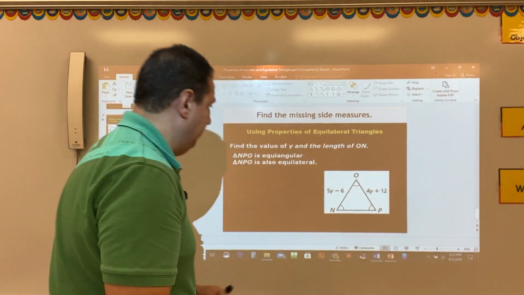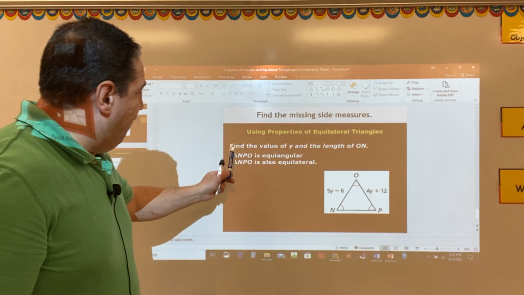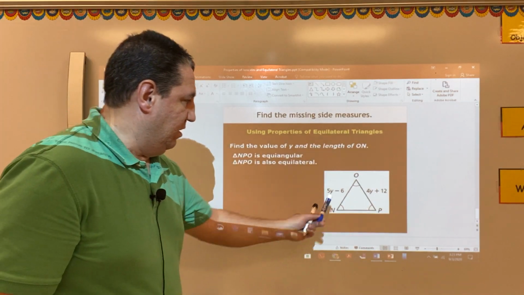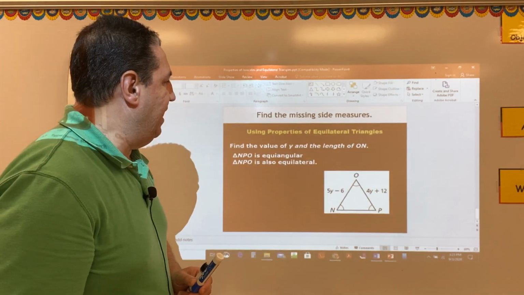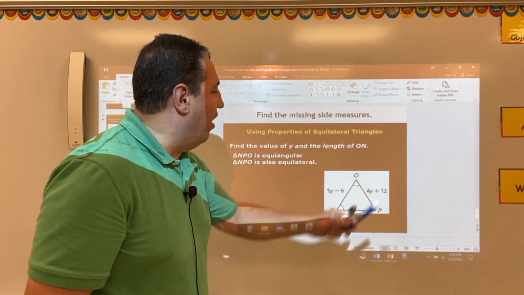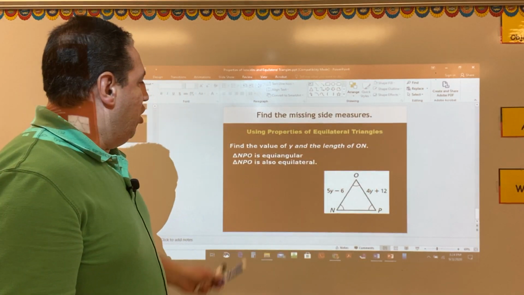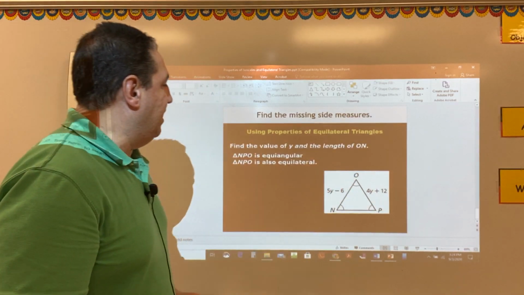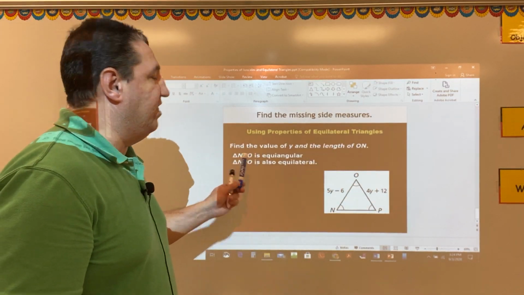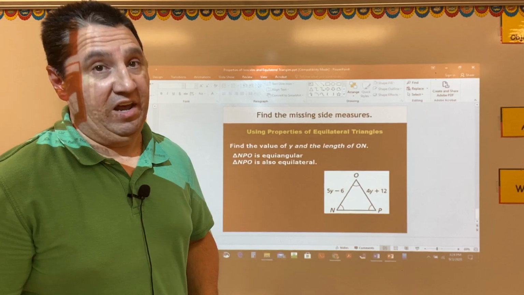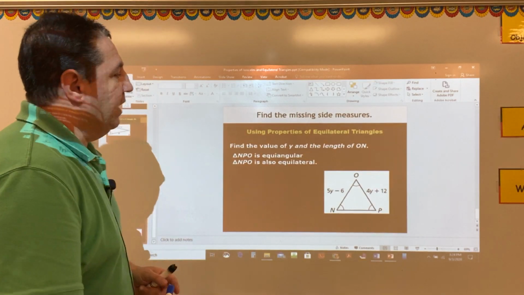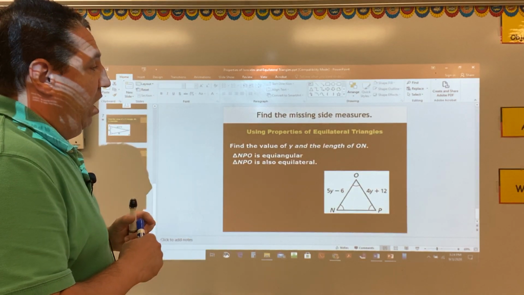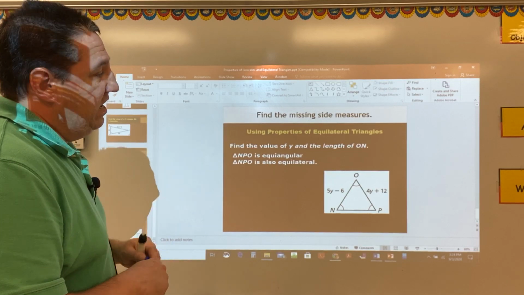Next, find the value of y. This time the variable is y, and the length of ON. We know triangle NPO is equiangular and at the same time is equilateral. Now, how do we find y?